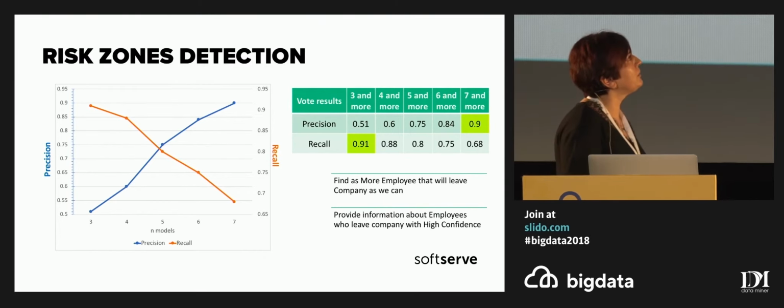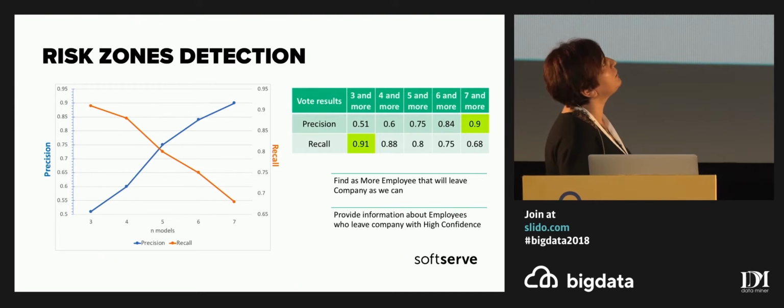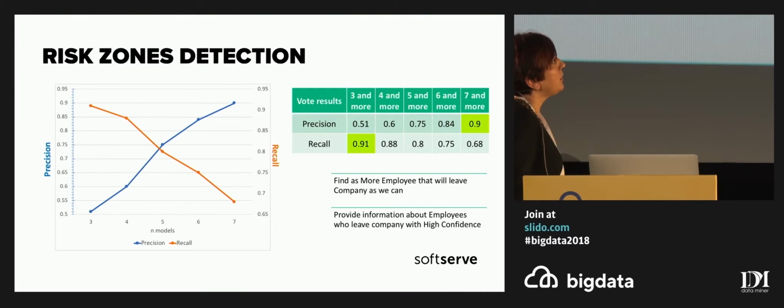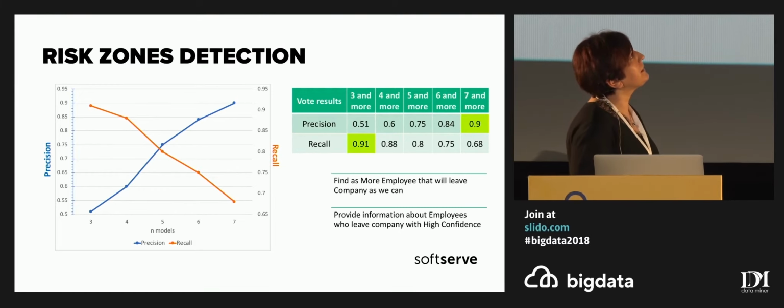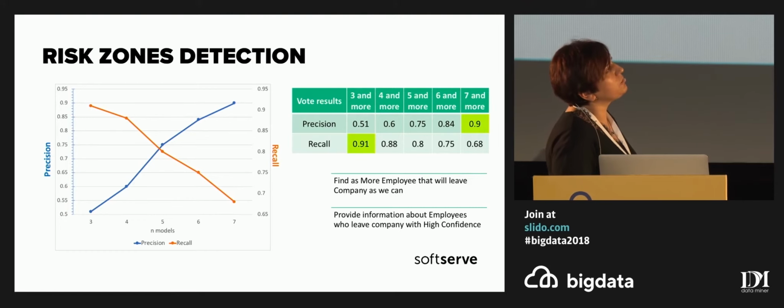So we lost only 9% of employees who left the company, but precision can be considered less satisfying. But our first criterion that we needed to meet is to find as many employees that will leave the company as we can. The last case provides us precision of 90%.